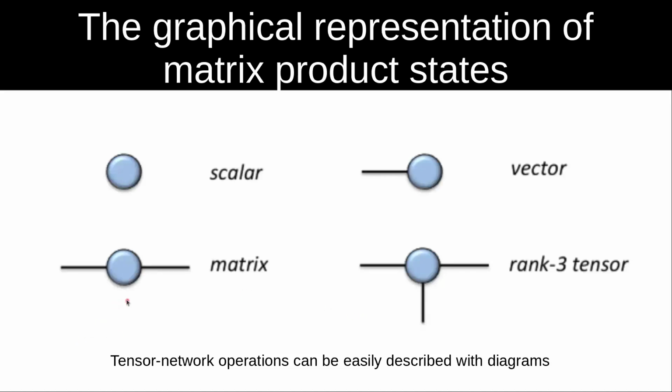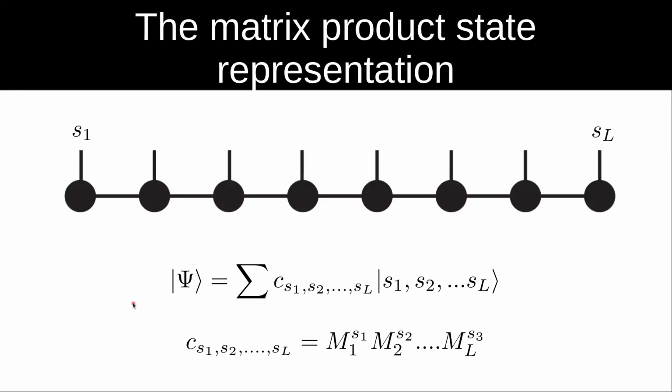And many of the tensor product algorithms and matrix product state algorithms can be represented very nicely using this type of nomenclature. So for example, you can think that a matrix product state is essentially a diagram that is represented by all these points, and each one of these points is one of the matrices of our matrix product state.